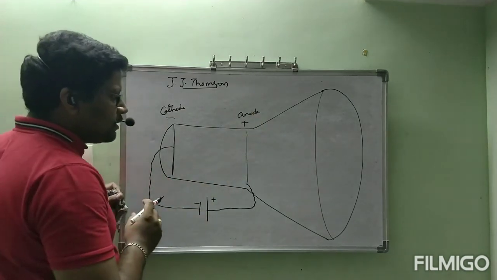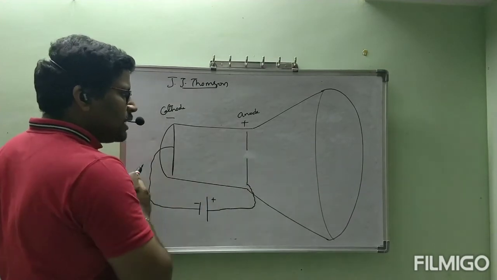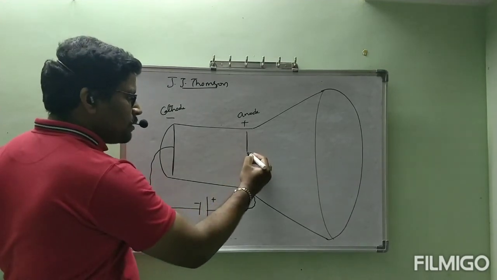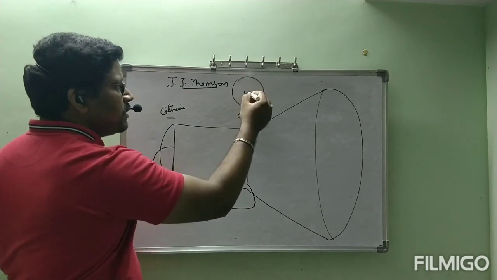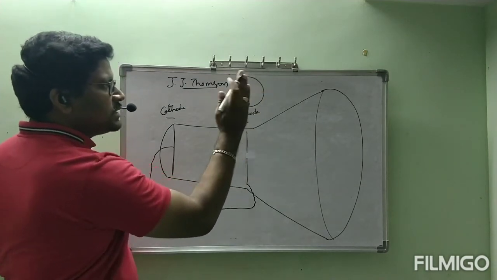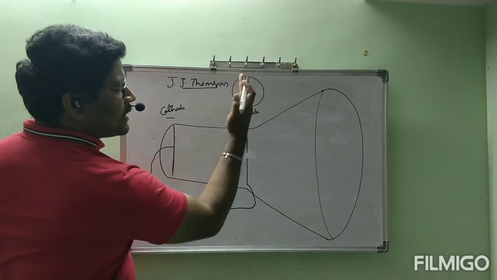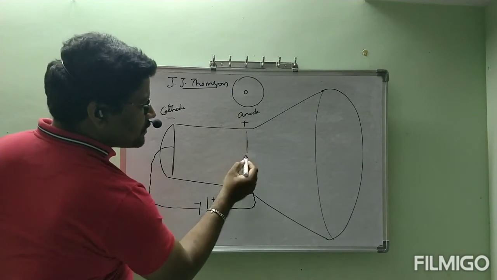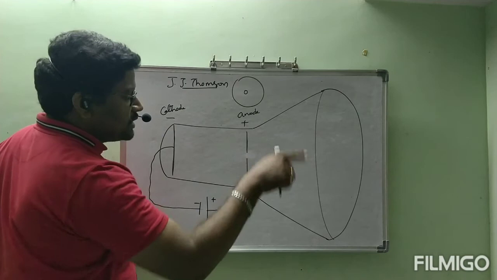But the thing is, here they kept one hole in the anode, like this. See, if you see this disc, one hole is there. Actually it is seen like this, containing one small hole. Is it okay? This is the equipment.